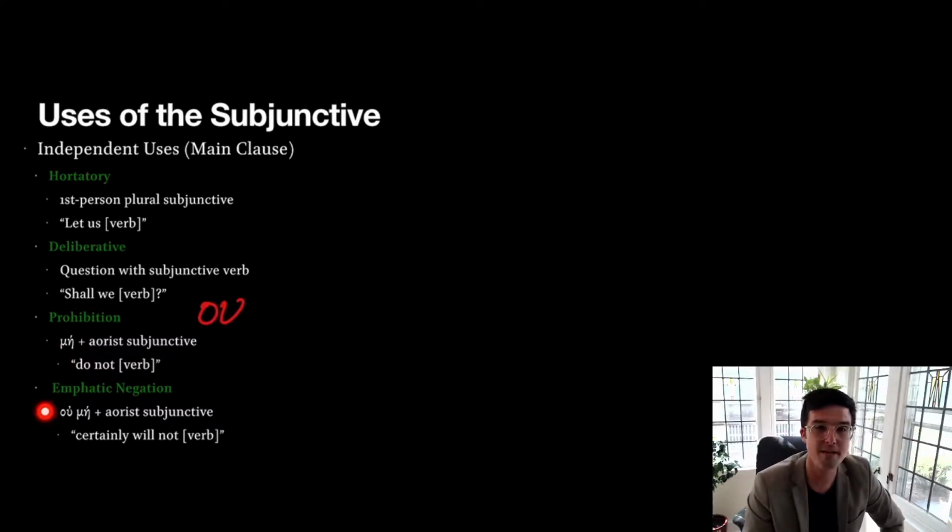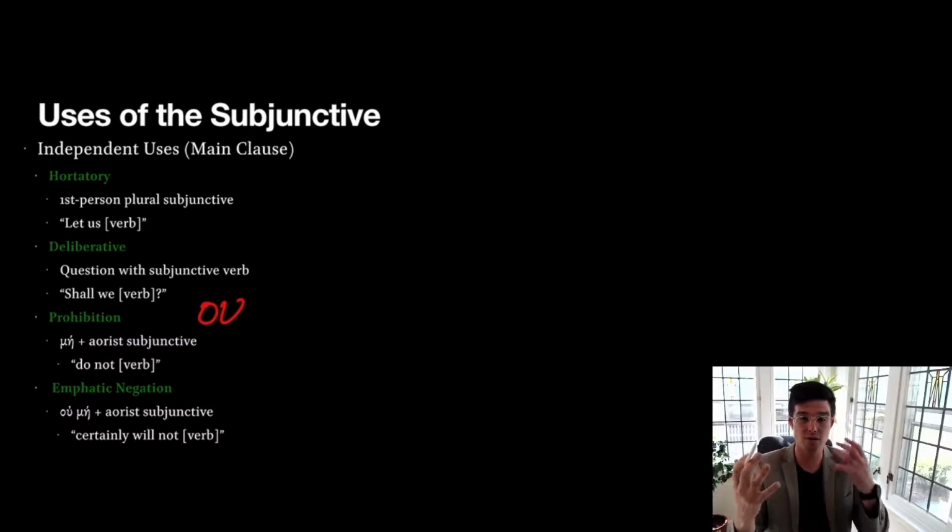One of the exceptions to this rule about mē normally negating a non-indicative mood and ou negating verbs in the indicative mood is what's called emphatic negation with the subjunctive, where you have both ou and mē and then an aorist subjunctive. So if you really, really want to say something will not or should not happen in Greek, you use two different negative particles, whereas in English, two negatives would sort of cancel each other out and make a positive.